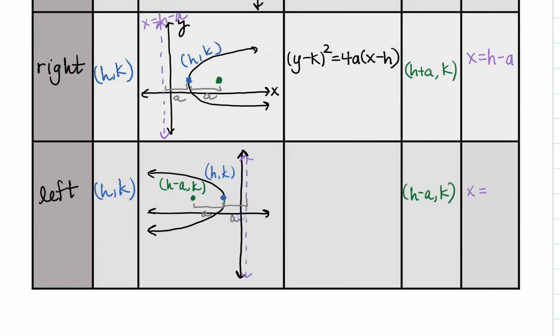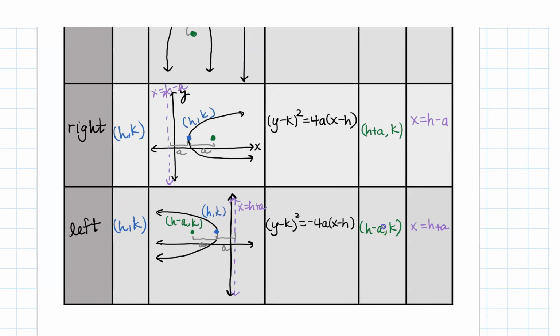This is a little a here. And so I'm going to add a to the x coordinate of the vertex. So the directrix has the equation x is equal to h plus a. And the general form for the equation of a parabola that opens to the left is almost exactly the same as that of the right, except we have a negative 4a multiplied with (x minus h).